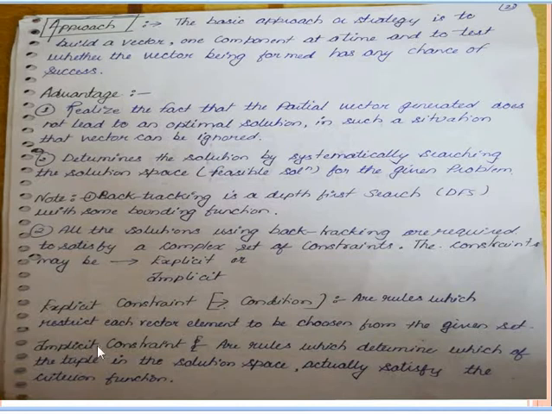The implicit constraints are the rules which determine which of the tuples in the solution space actually fulfill the criteria function. The criteria function is denoted with the symbol C. So the two constraints that we are using are the explicit constraint and the implicit constraint.